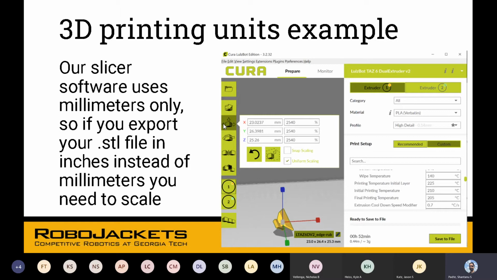This is the scale option. If you enter 2540%, then it'll give you the exact size you want. Because if you don't do this and you made your part initially in inches, you'll just end up with a tinier part, because it will think that 1 inch was 1 millimeter, and so on.